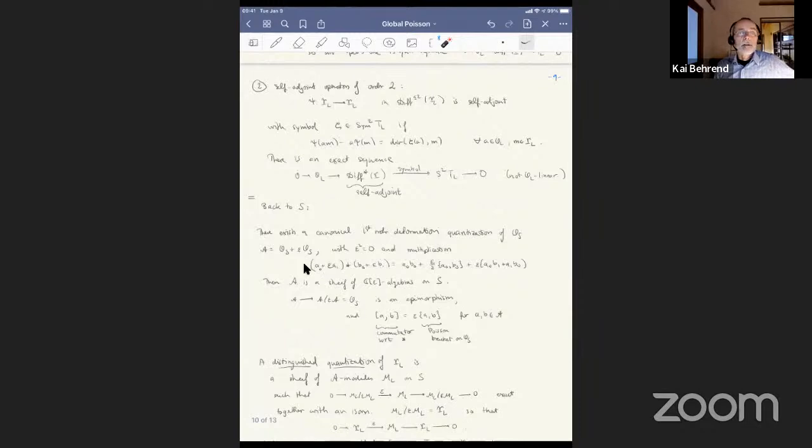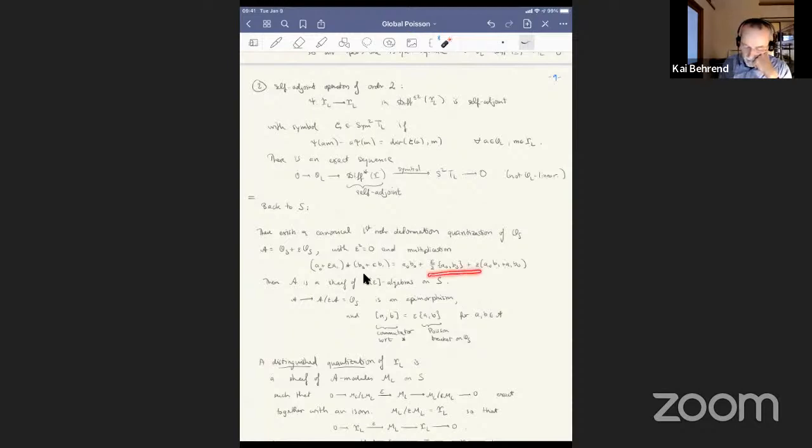Now I'm going to go back to the symplectic manifold S. So what am I saying here? There exists a canonical first order deformation quantization of the structure sheaf of S. Here it is, OS plus epsilon OS, where epsilon squared is the square zero parameter. And here's the multiplication, where the star denotes the multiplication.